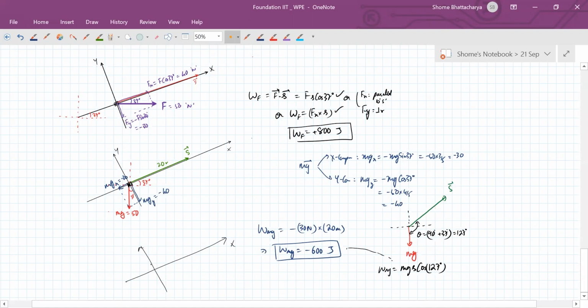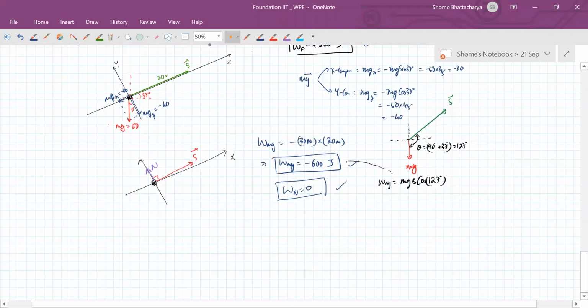The normal reaction acting on this body is acting in this direction, like this, whereas the displacement is in this direction. So work done by normal reaction has to be zero. So that's done. One force is doing positive work, one force is doing negative work, the third force is doing zero work.